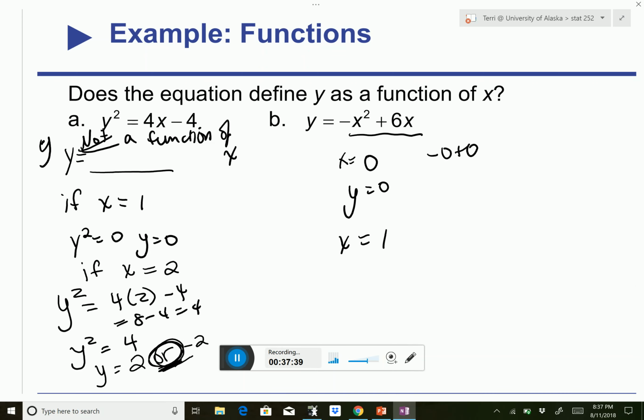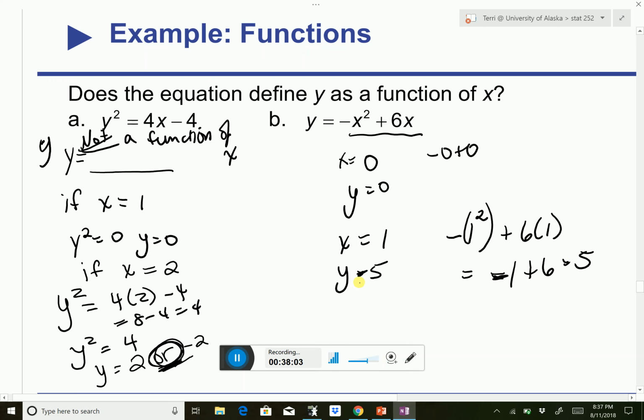Then what would happen? Well, then I would have -1 squared, and this 1 squared is squared first and then made negative, plus 6 times 1. Well, let's see, what would that equal? That would be -1 plus 6, or 5. So then this would be y equals 5.